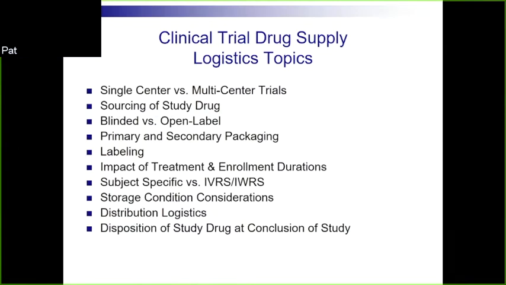Then we'll get into packaging considerations, both primary and secondary packaging, as well as the labeling, and also some of the timeline issues, such as establishing the treatment duration, which is typically well fixed. The enrollment duration, however, is a little bit more of a moving target. Then we'll get into storage considerations, and the logistics around distribution and disposition of the study drug at the end of the study.